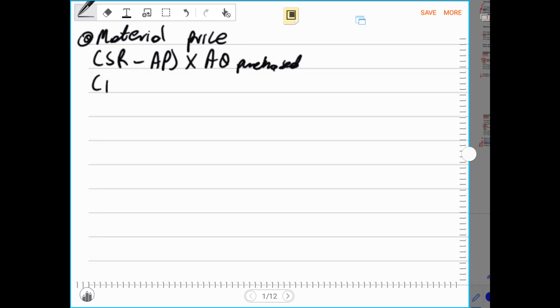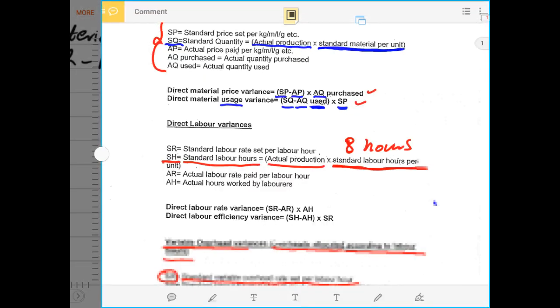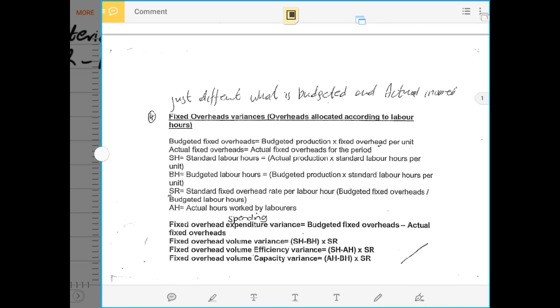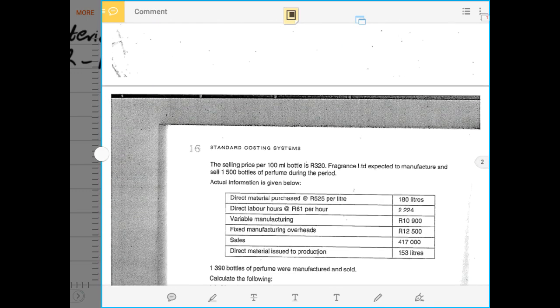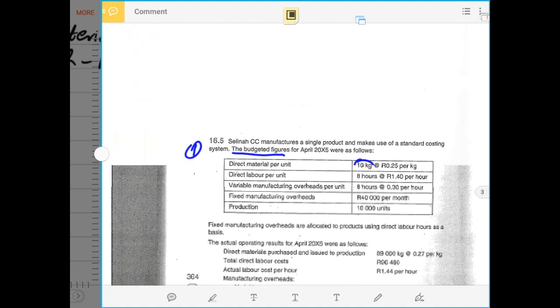Then our standard price of material was 25 cents. Let us check if it is really 25 cents. Our material price was given to us as 25 cents, which is in the budgeted information.